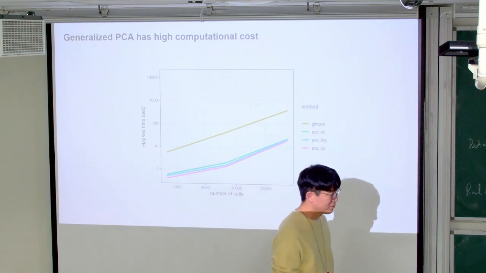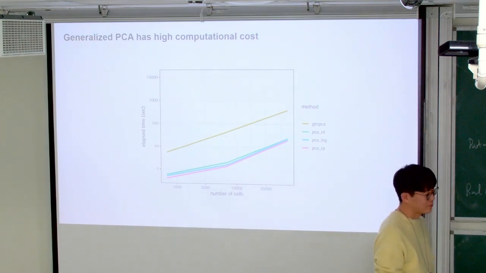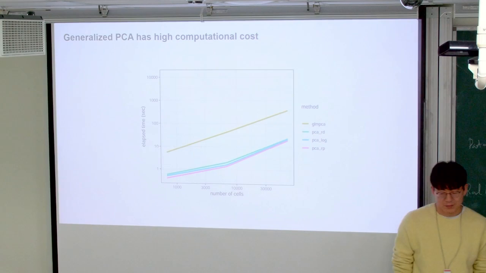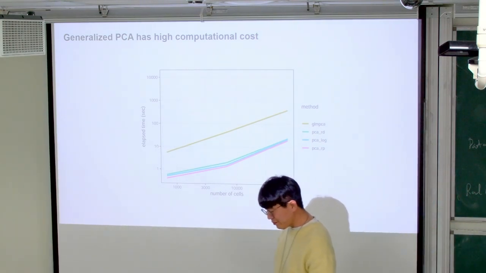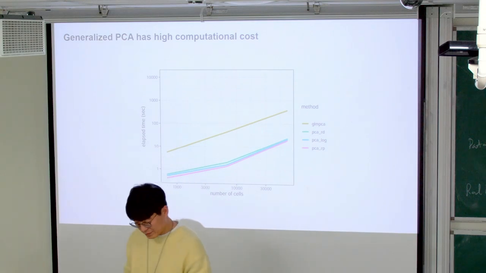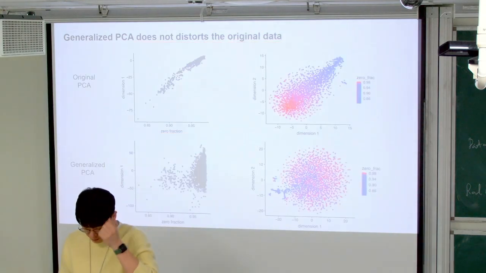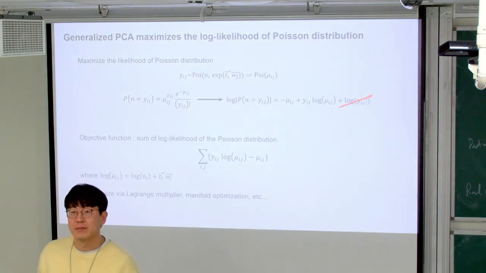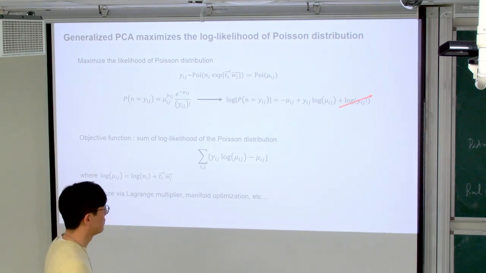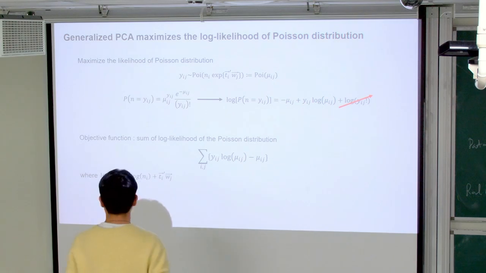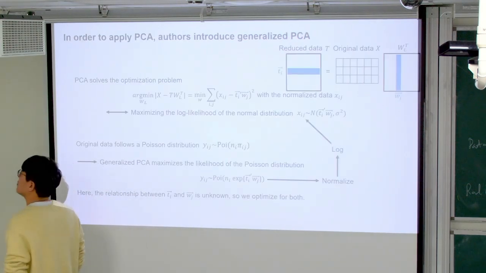So how many parameters do we need to estimate? T and the data dimension. T and W for each.